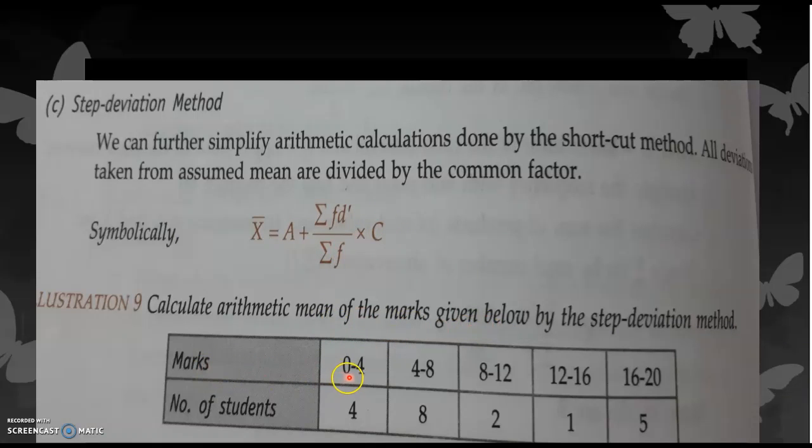Here the marks are 0 to 4, 4 to 8, 8 to 12, 12 to 16, 16 to 20. So what is the class interval? Class interval is 4. Then the number of students, that is the frequency f, is 4, 8, 2, 1 and 5.